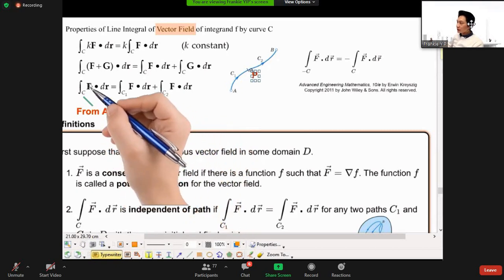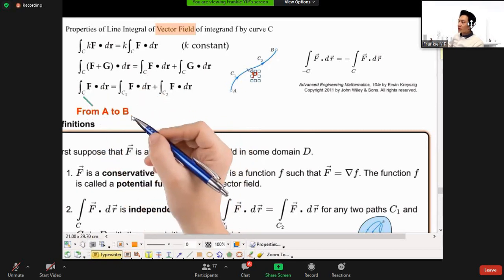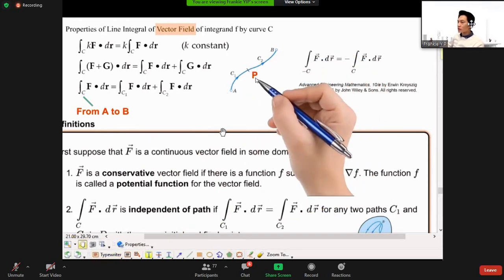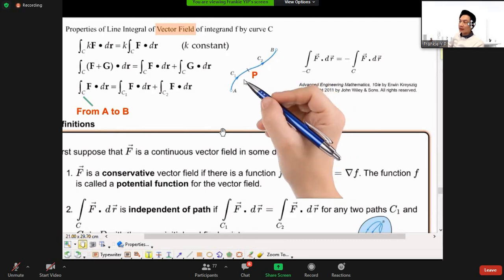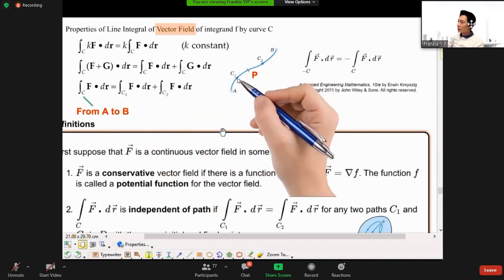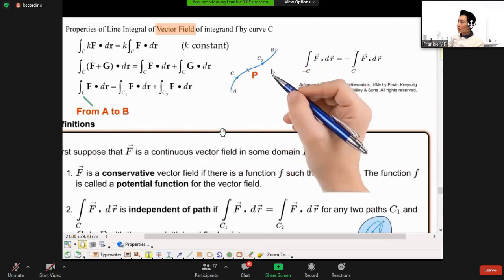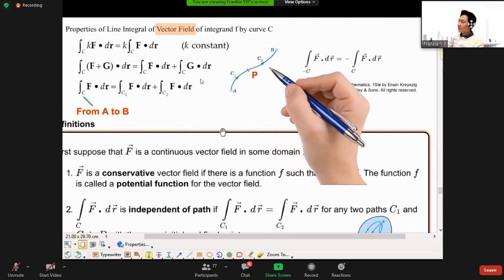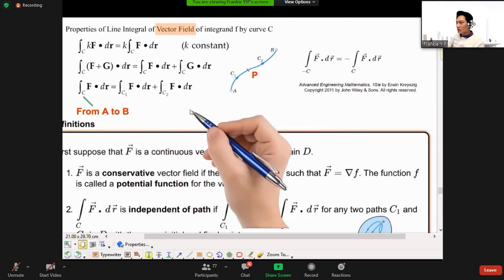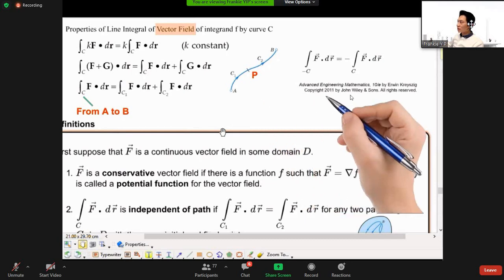If you are integrating along the curve from A to B, and there exists a point P in between, you can separately integrate the first part along curve 1, plus integrate the second part along curve 2, and then add them together to calculate the answer. I think it's pretty easy for this property, right? If I had never mentioned it, okay, but for completeness, you should know that.